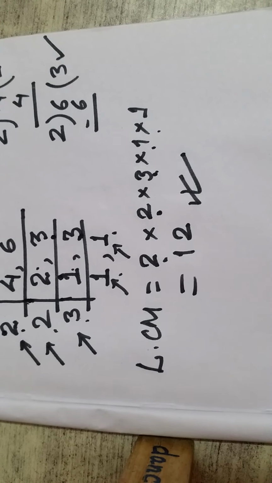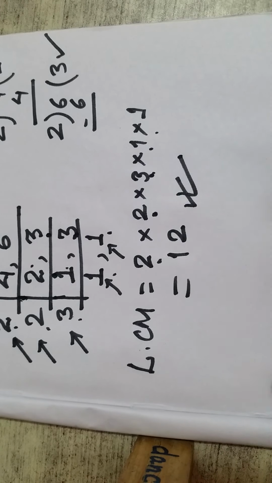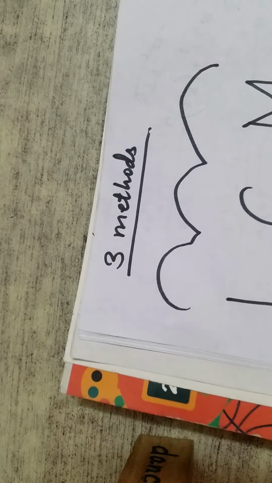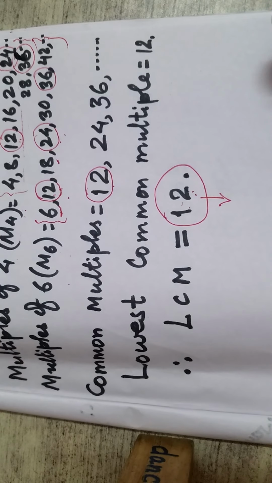And we can see by this method also we got the same result, 12. In way 3, in way 2 also the same result, and in way 1 also we can see the same result.